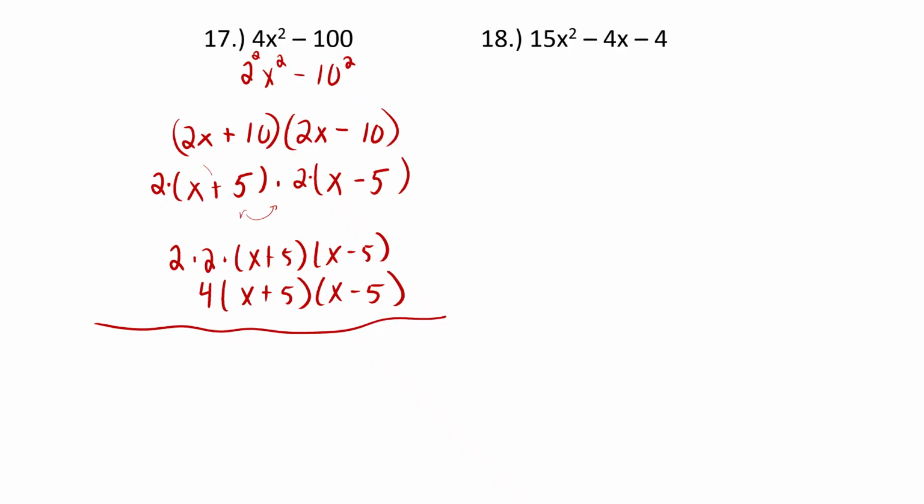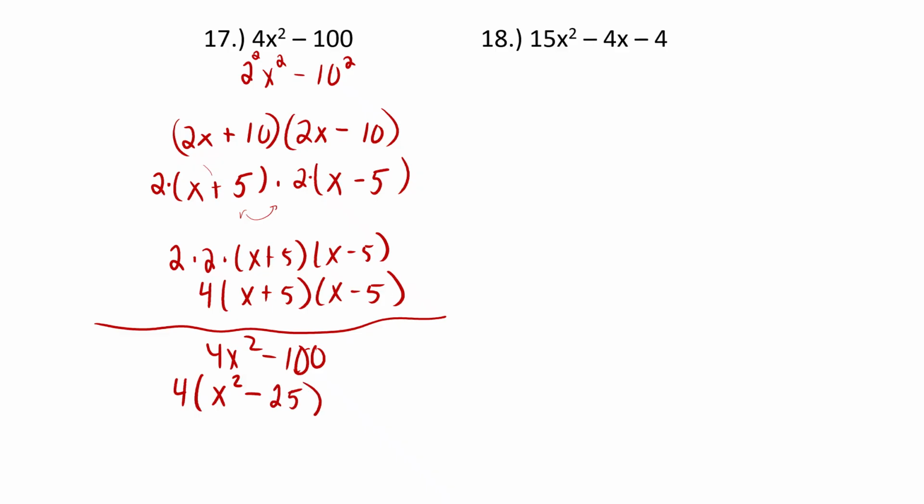However, remember, we get lazy about this because we just jump to stuff. What we really want to do is factor out a GCF at the beginning of the problem. So what we would like to do is recognize that 4 is a factor of 100. So I'm going to undistribute that at the beginning. 4 times x squared would give me 4x squared. 4 times what would give me 100?